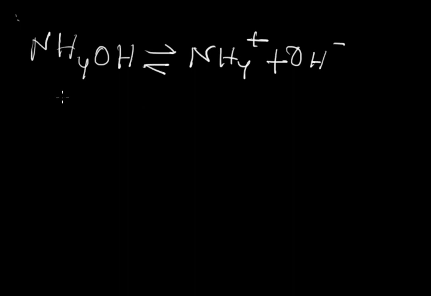Here we must consider the degree of dissociation of ammonium hydroxide. Let the degree of dissociation of ammonium hydroxide be alpha. So like acetic acid, the concentration is C and the concentration of OH minus is C alpha.